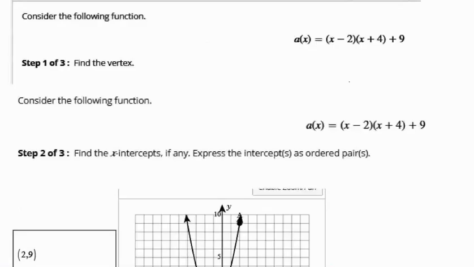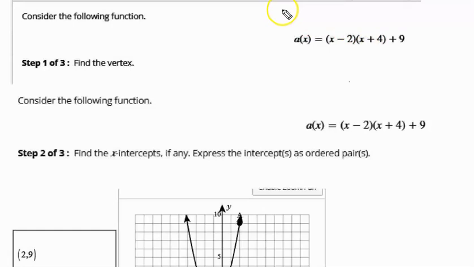Now in this next to the last example, we're asked to find the vertex. And we're going to go through a series of things. And this is not in the vertex formula. So let's just review.